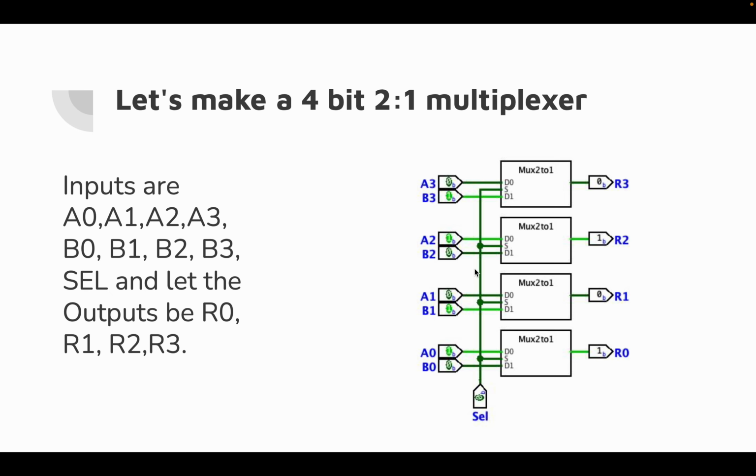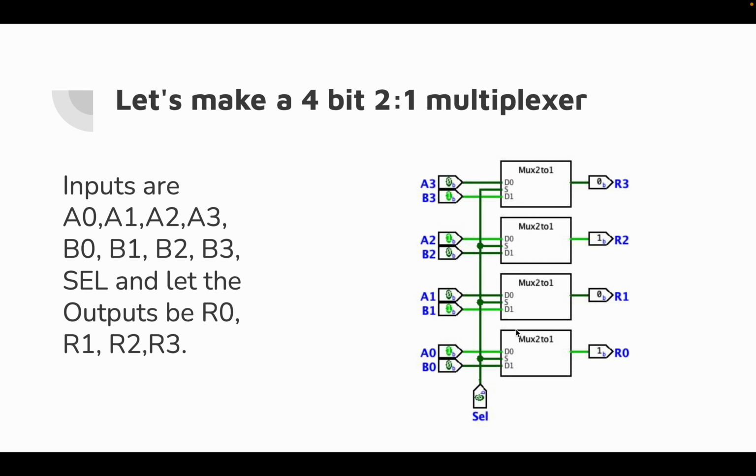Now, what I would like to show you is how a multiplexer shows inputs and outputs. As you can see here, B3 is one input, and then A3 is going to be 0 input. So when we look at this first one at R3, you realize that this outputs only 0. And that's because when selection is 0, it only outputs A values.